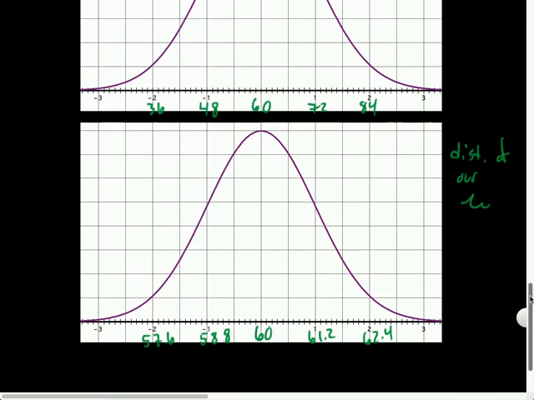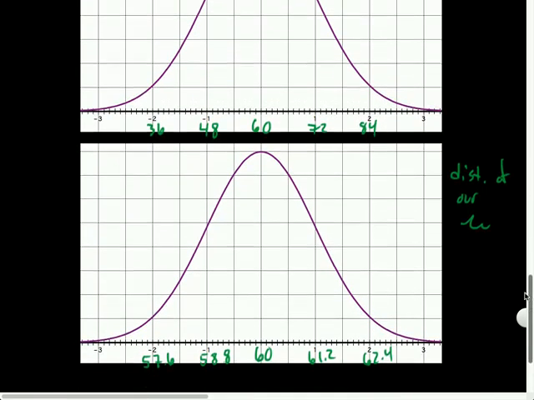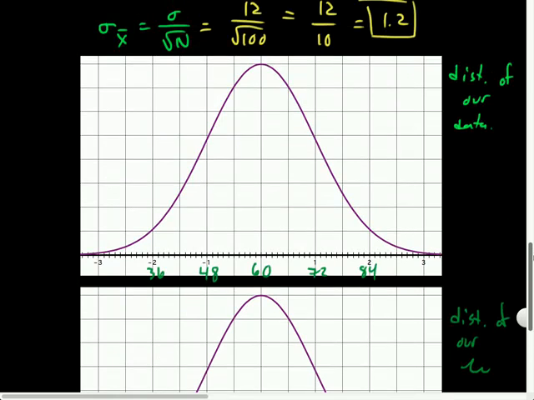I could actually, even if I wanted, graph these on top of each other. Here's 60, there's 61.2, there's 62.4, and there's the others. If I graph these on top of each other, this is what it would look like, where it would be extremely unlikely, and then it would skyrocket here, and that's really sad looking, but it gives you the idea.